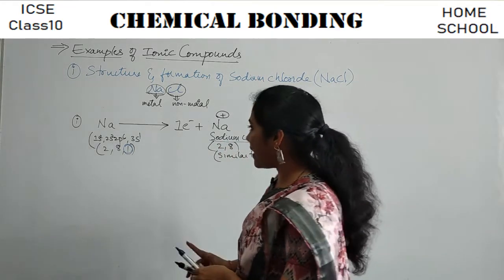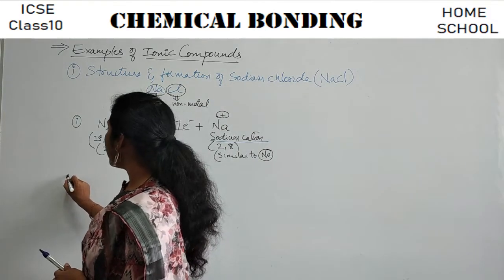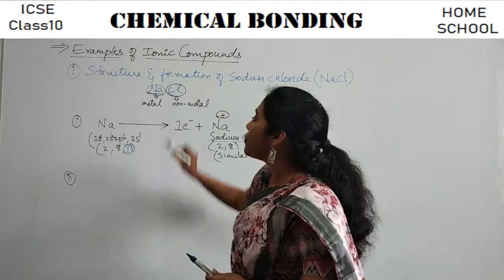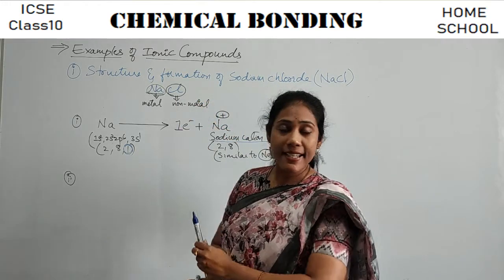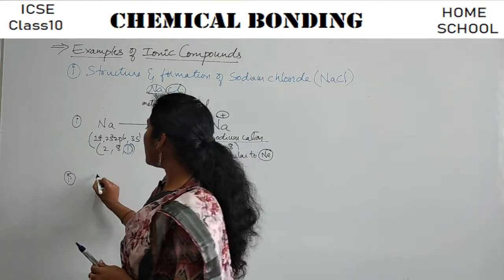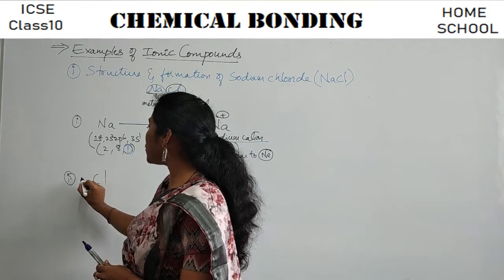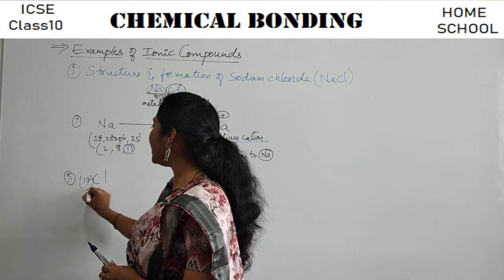In the next step, let us check it out with our non-metal. A non-metal always gains an electron, right? So who is the non-metal here? Chlorine. What is its electronic configuration? Atomic number 17, guys.